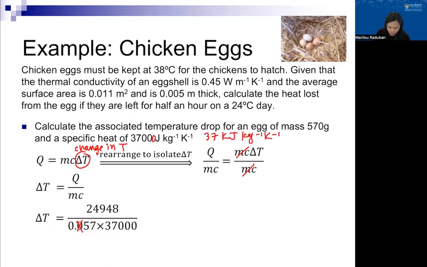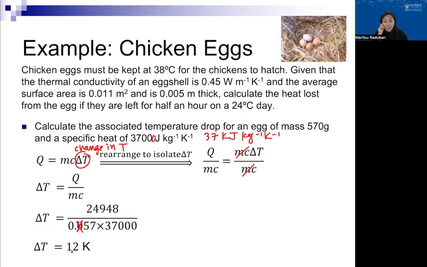So you have a change in temperature. This might be wrong, so let me just double check. 24948 divided by 0.57 times 37,000. Yeah, it should be 1.2 Kelvin, because of this extra zero that I had here.